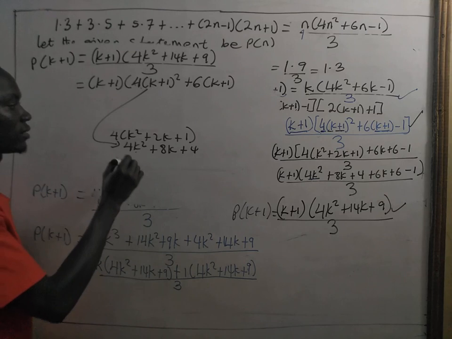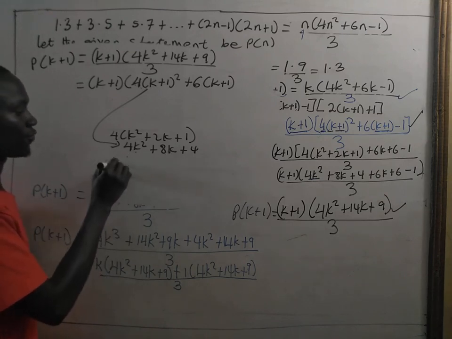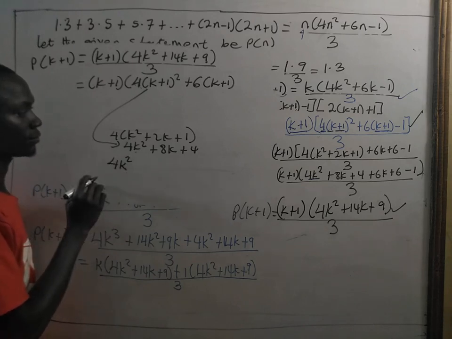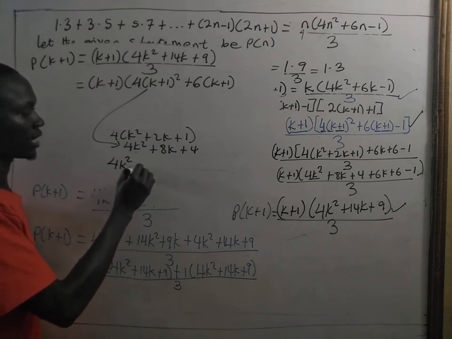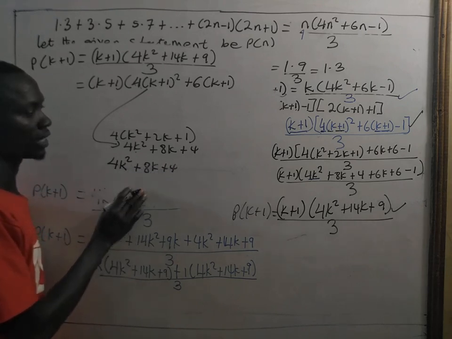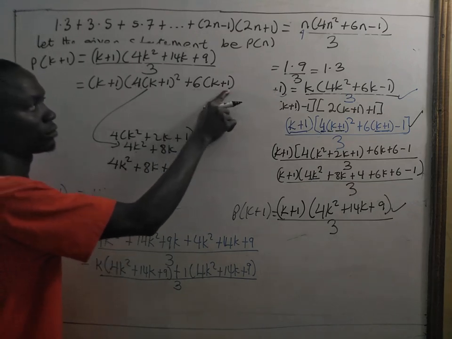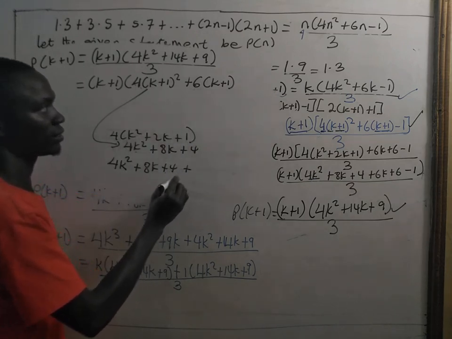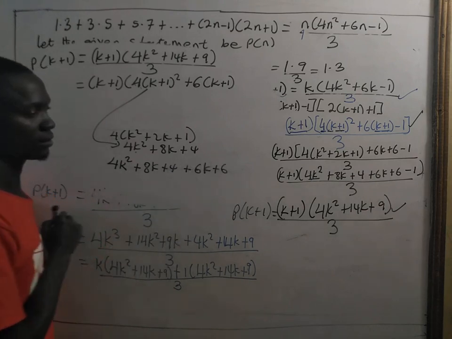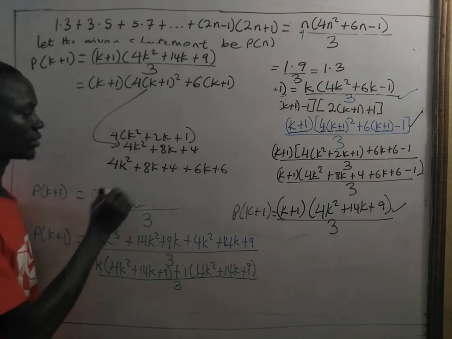Let's look at this. I'm having now 4k squared plus 8k plus 4. That's what I have here. And now, I'm adding 6k plus 6. Have you seen that? So now let's see.